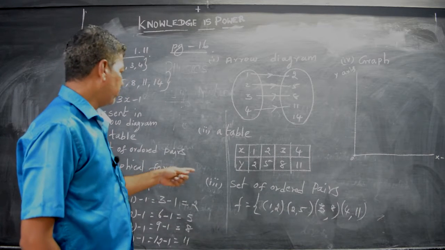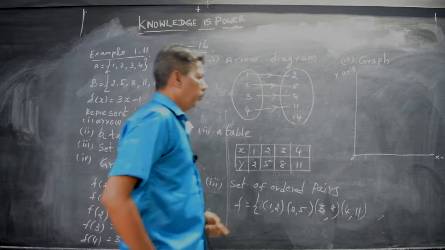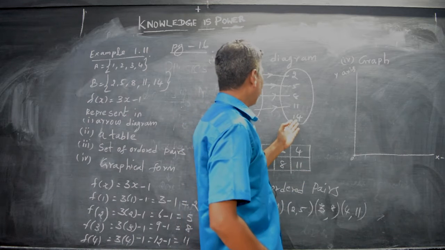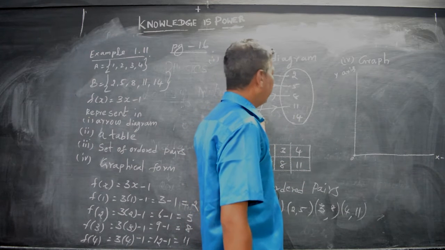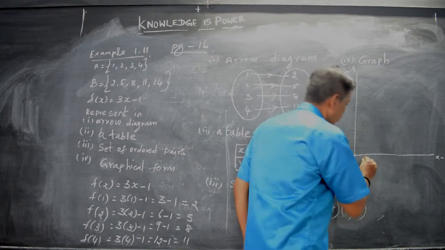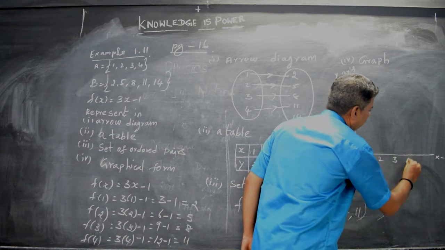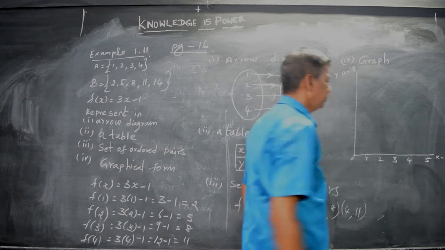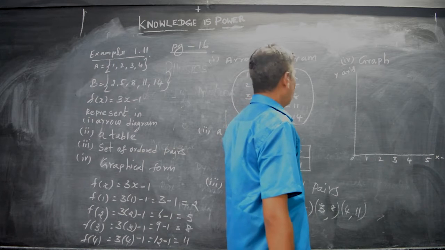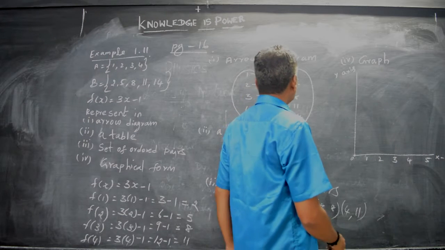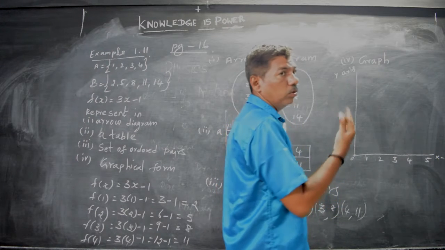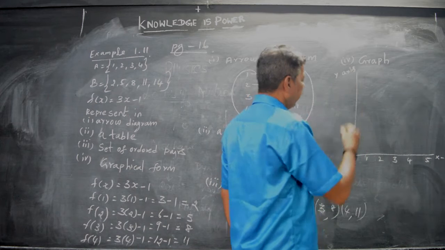Then see the values, because the highest value is 14. Here the x-axis has only 4, so put at least 5: 1, 2, 3, 4, 5. The y value 14 is there, so you can go in steps of 2 up to 14.